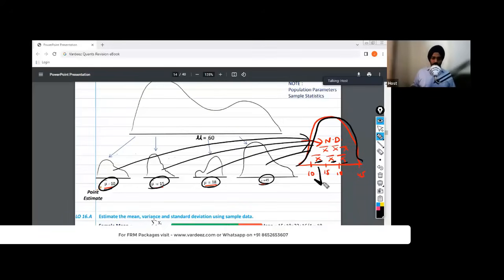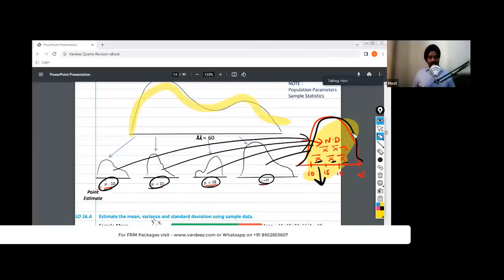And then you can use this normal distribution in your hypothesis testing. But this one, I cannot use that because it's not normal.